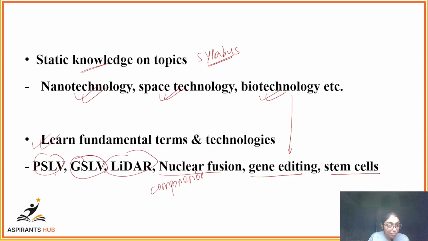For example, PSLV and GSLV are with respect to space and defense. Then you have light detection and ranging. Then nuclear fusion with respect to nuclear technology. Then gene editing and stem cells, all this with respect to genetic engineering or biotechnology. So under the main theme, whatever subtopics you have, please try and cover them. Clear?